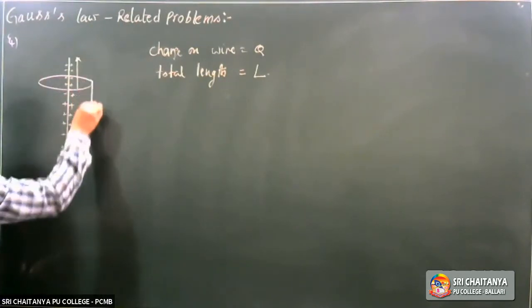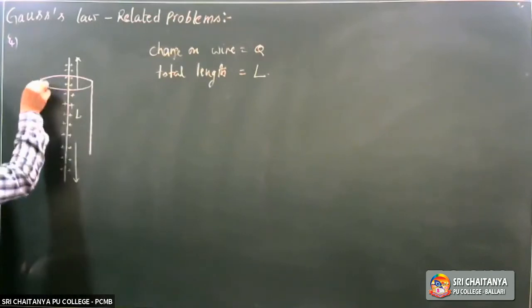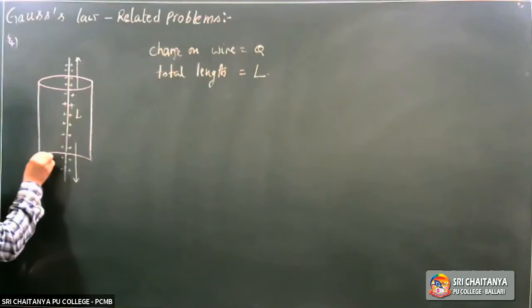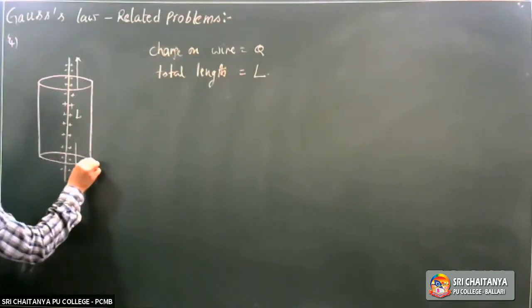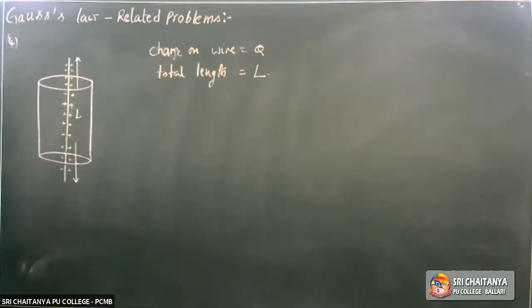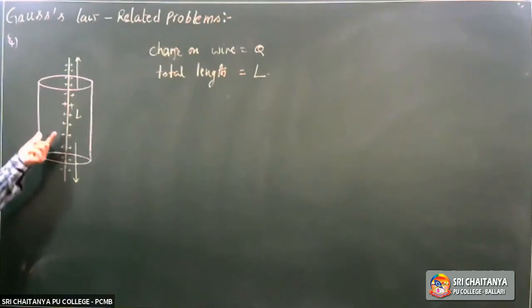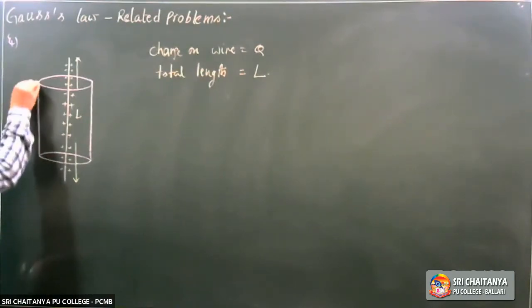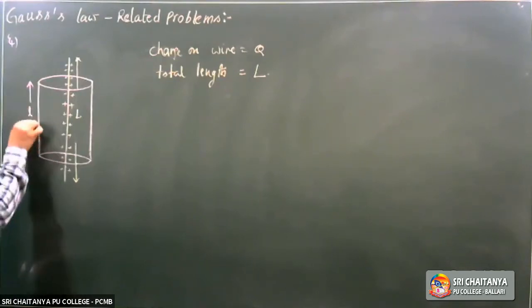It is given that this wire is inserted in a cylinder, like this, whose length is l.